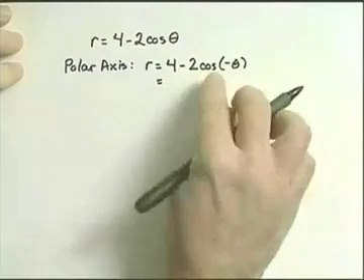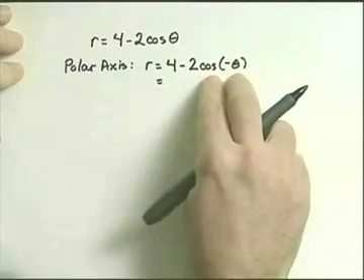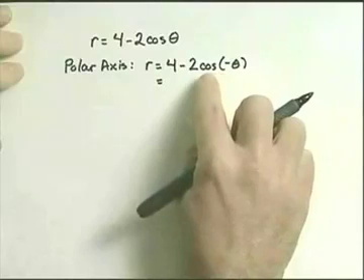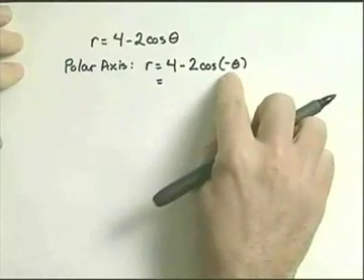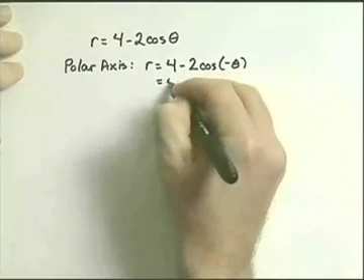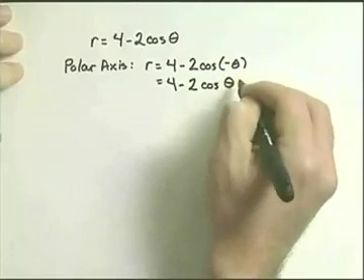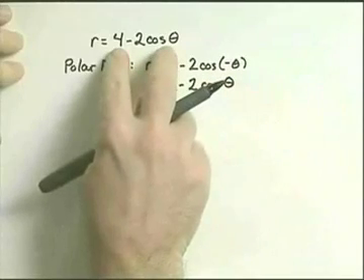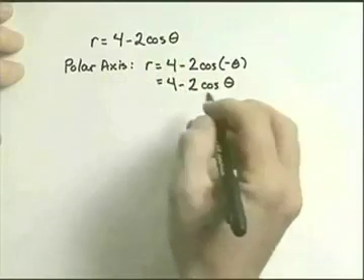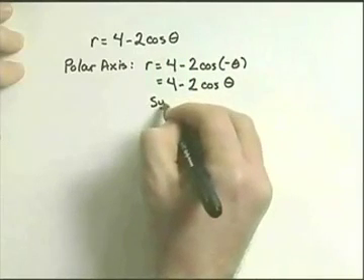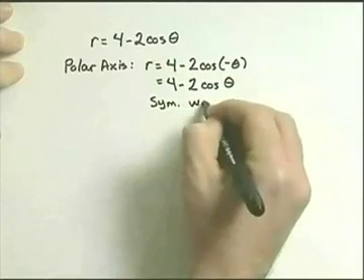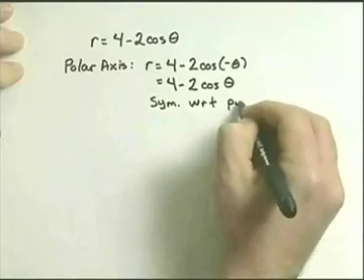Now, if you simplify this, because the cosine function is even, we know that cosine of negative theta equals cosine of theta. So I get 4 minus 2 cosine of theta, which is what my original equation is equal to. Therefore, I know that I have symmetry with respect to the polar axis.